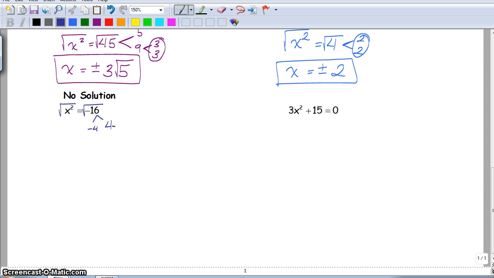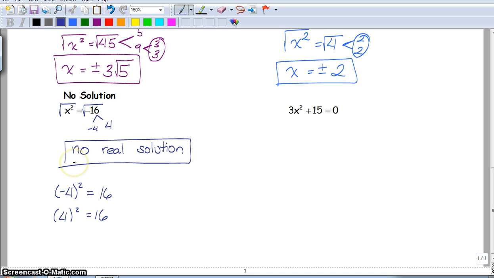Since I cannot simplify this, this has no real solution. Even if you were to work backwards, let's say I guess negative 4 is the solution. Well, negative 4 squared gives me a positive 16. Positive 4 squared still gives me a positive 16. So I'm out of options, and once again, back to no real solution.